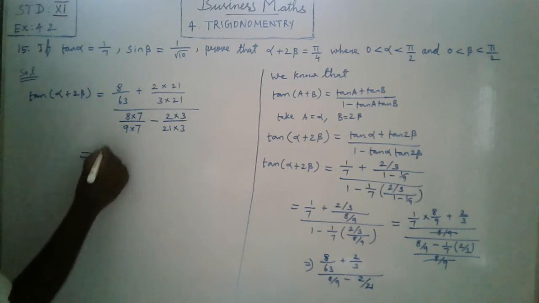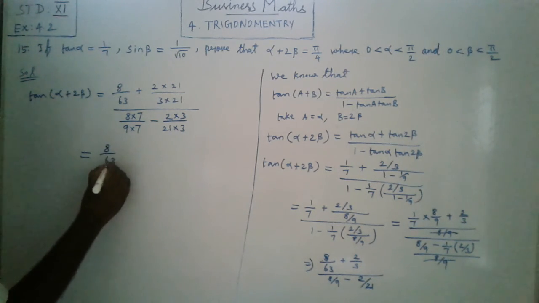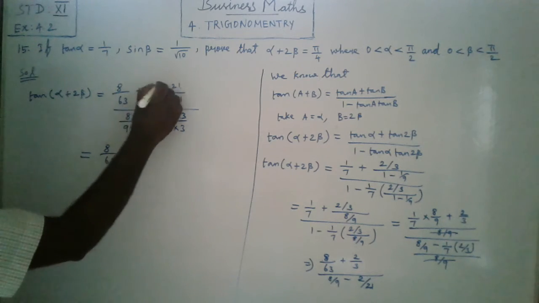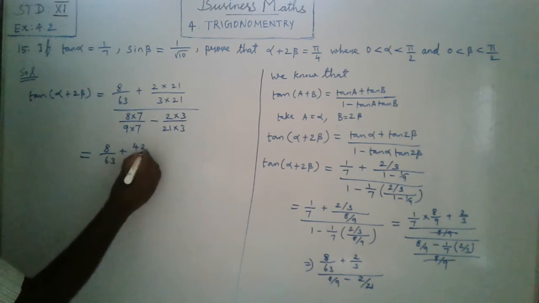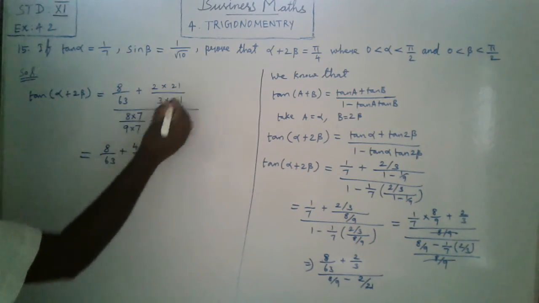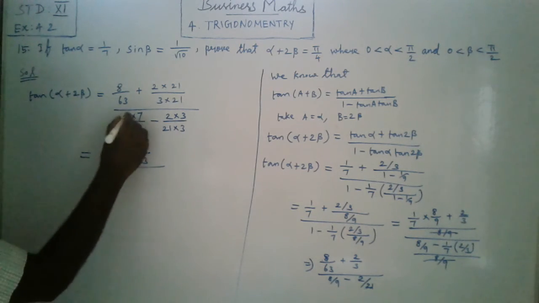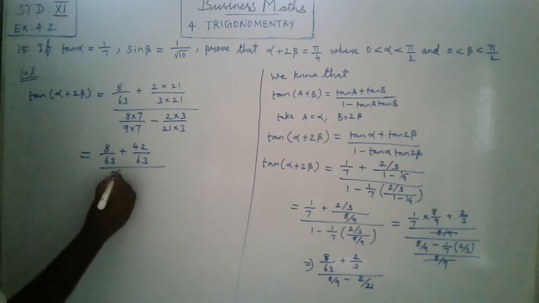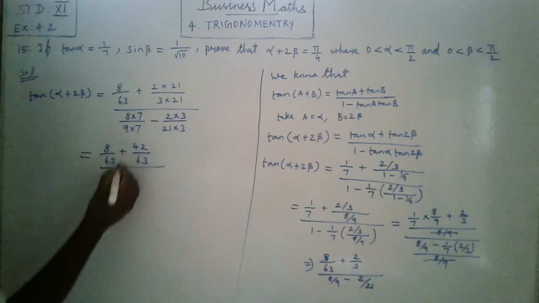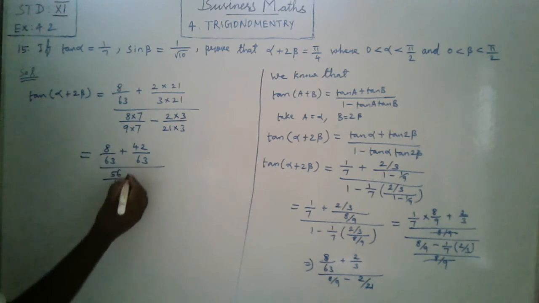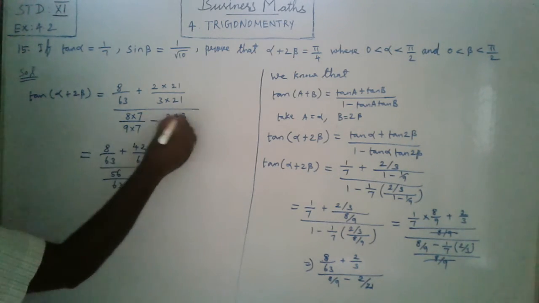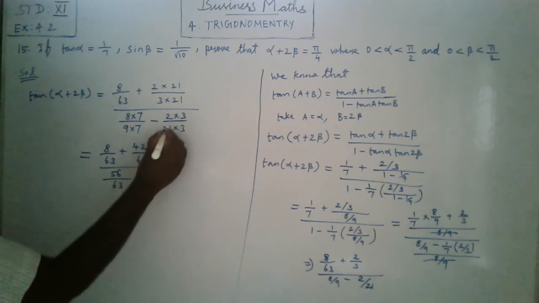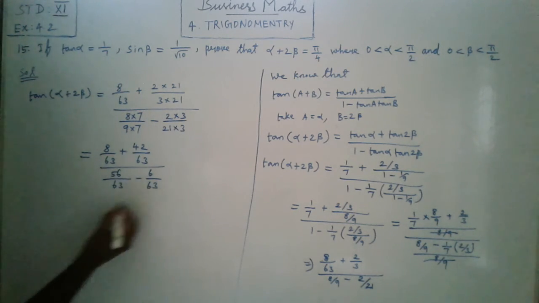So that is equal to 8 divided by 63 plus 2 into 21 is 42 divided by 63, 3 into 21 divided by 8 7s are 56 divided by 9 7s are 63 minus 2 3s are 6, 21 into 3 is 63.